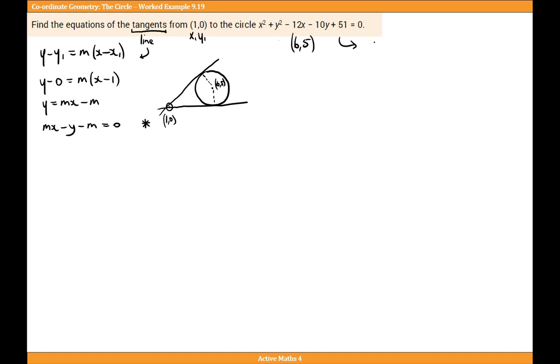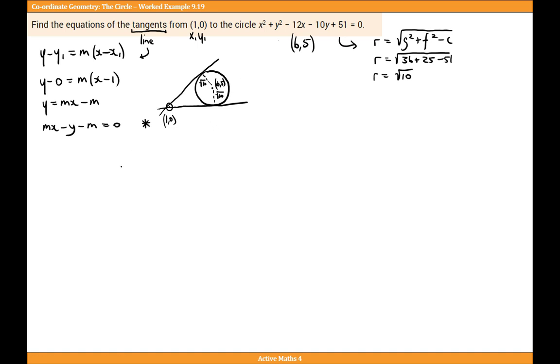Well, the radius of this circle is the square root of g squared plus f squared minus c. g squared is 6 squared, which is 36, f squared is 5 squared, which is 25, minus 51. So this is nice and handy. 36 and 25 is 61, minus 51 is 10. So the radius is root 10. So this is root 10 and this is root 10.